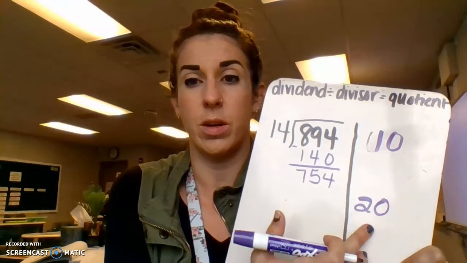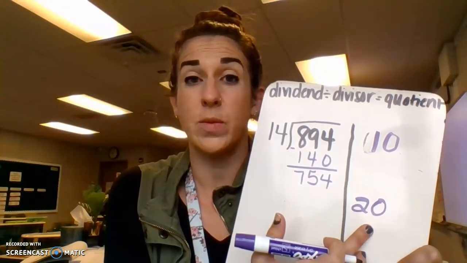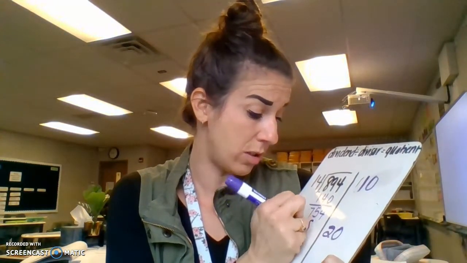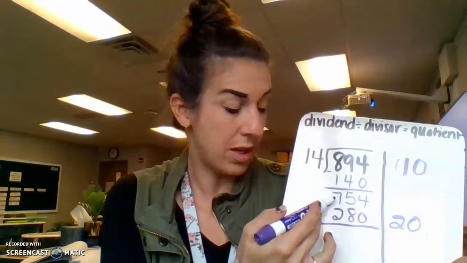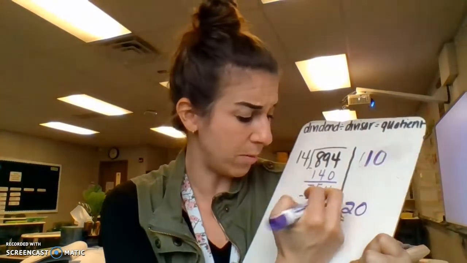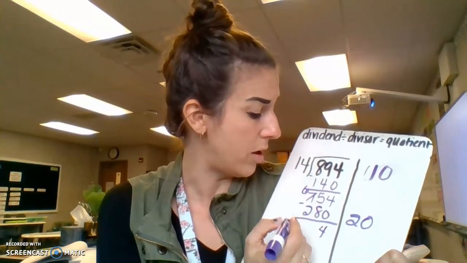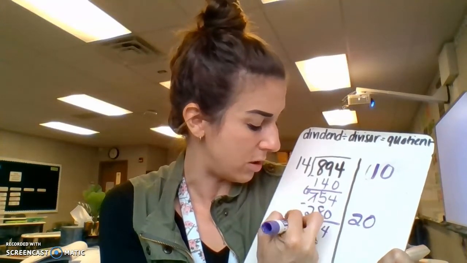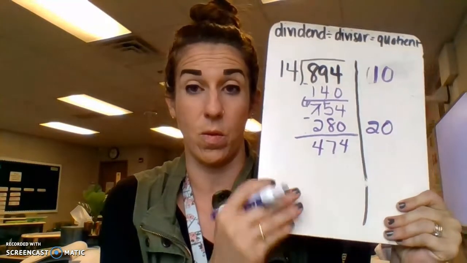And I have a 0 here on the 20, so I know that 20 times 14 is 280. So again, I'm going to subtract that multiple from this number here, and I'm just going to do that subtraction like I normally would. 15 minus 8 is 7, 6 minus 2 is 4, so I have 474.